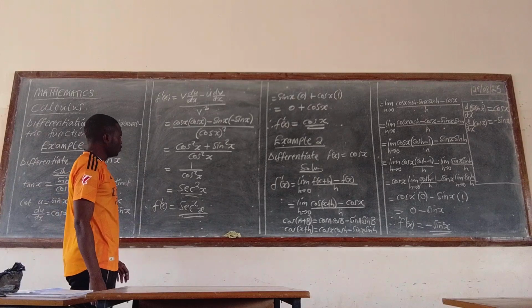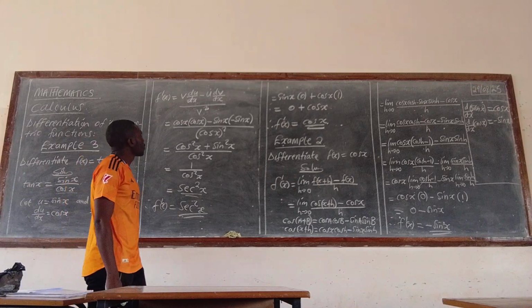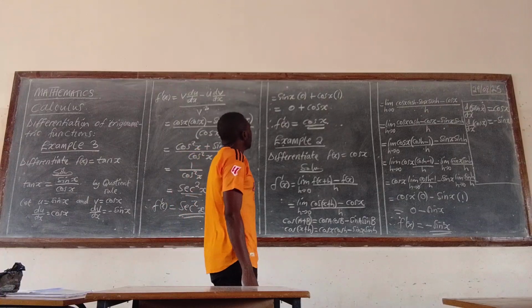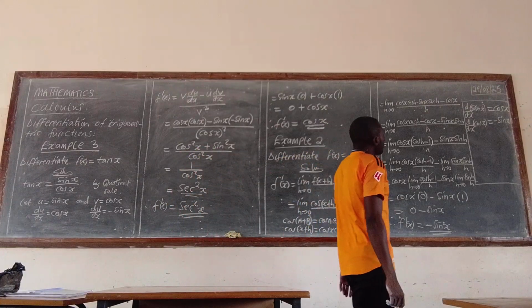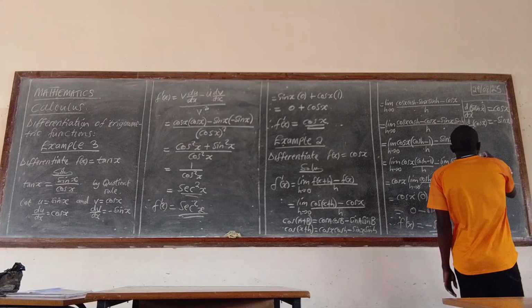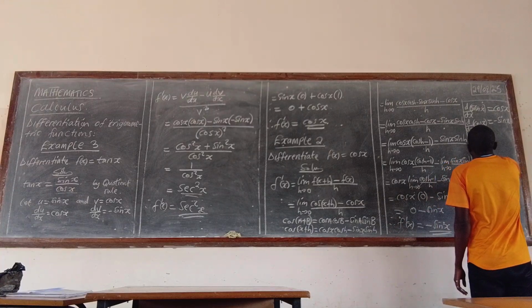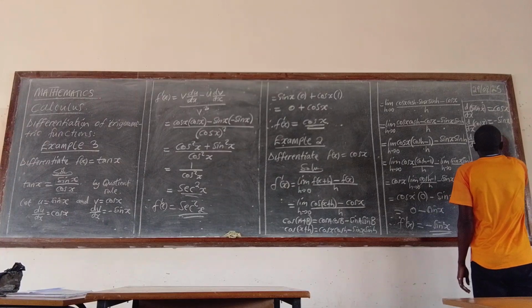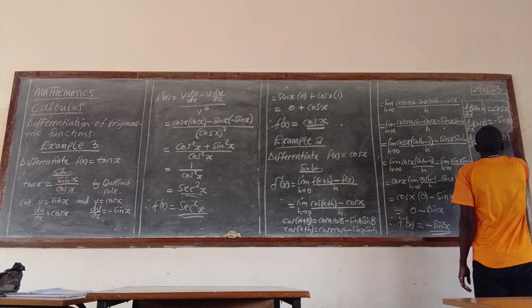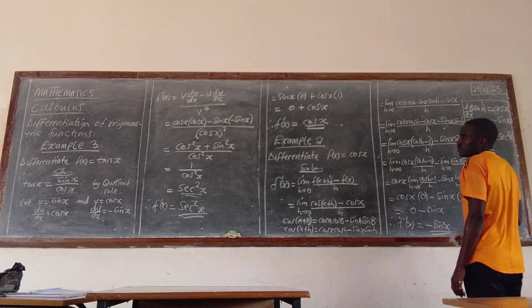So when you differentiate tan x, it simply gives us sec squared x.